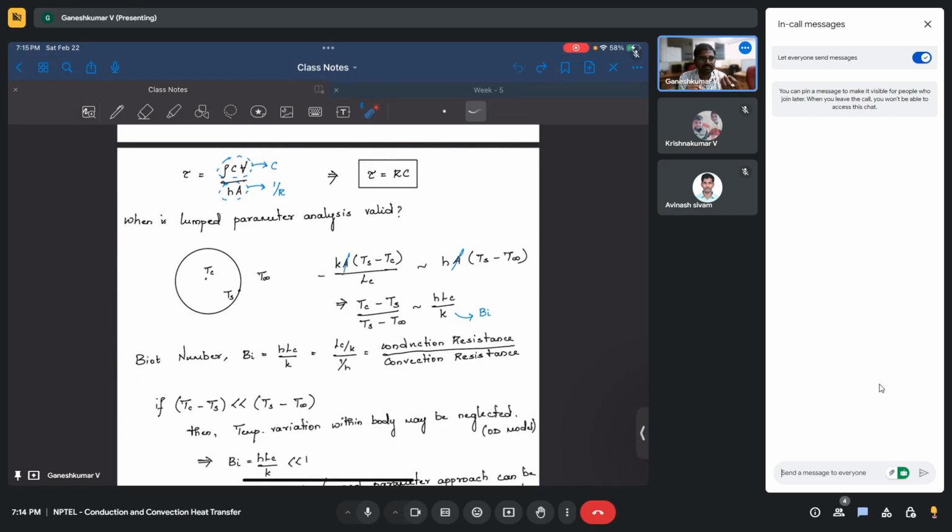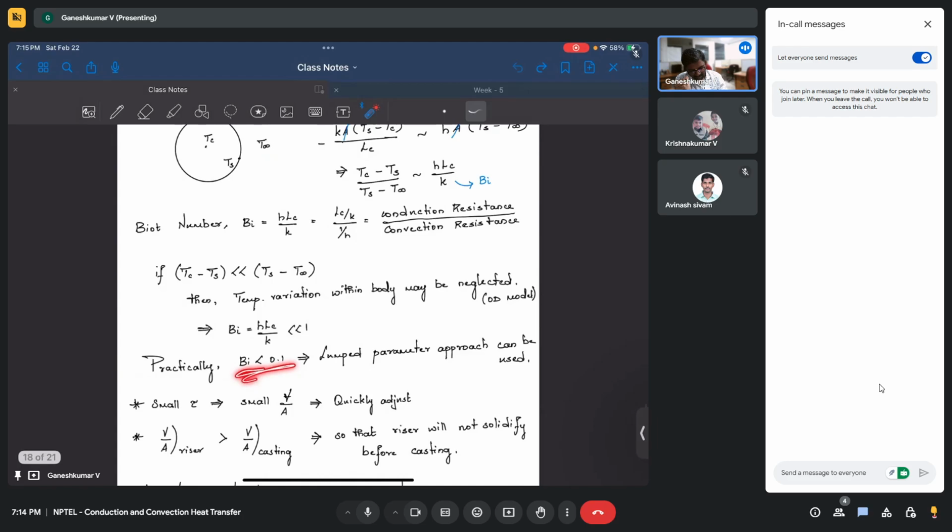That is what conduction resistance becoming very small means, and that actually corresponds to a Biot number very much less than 1. For practical applications, we said Biot number is less than 0.1, which corresponds to conduction resistance being very small compared to the resistance to the energy going to the outside. So that is when we can use the lumped parameter approach.